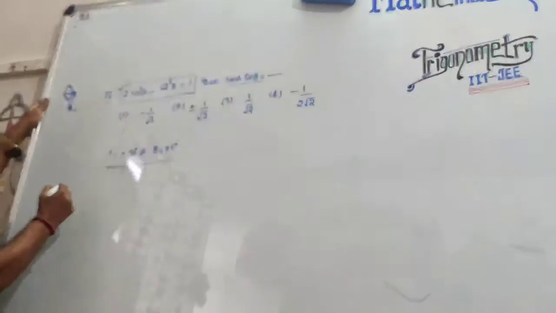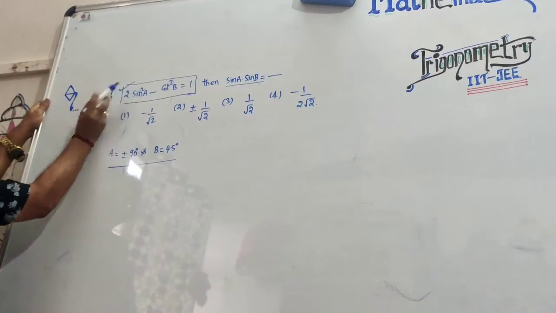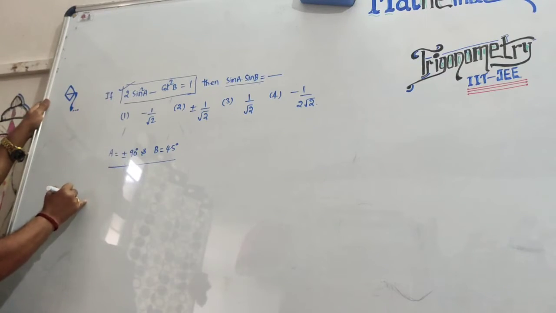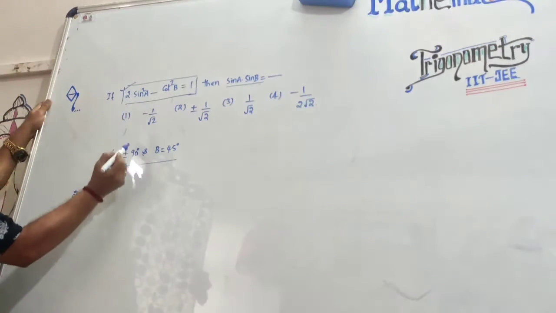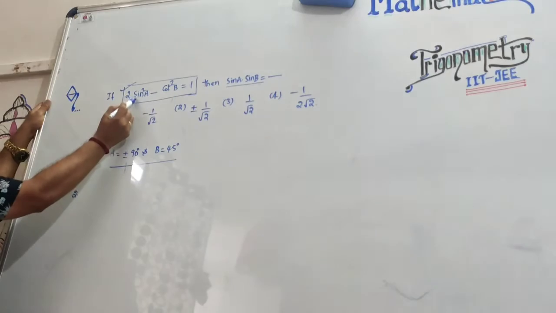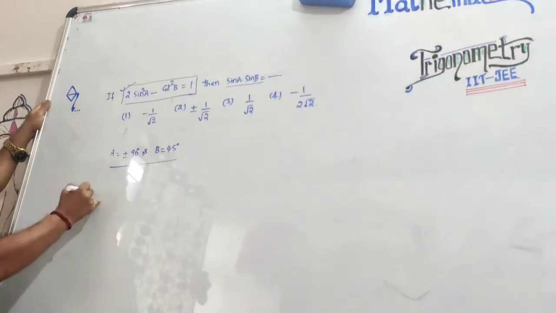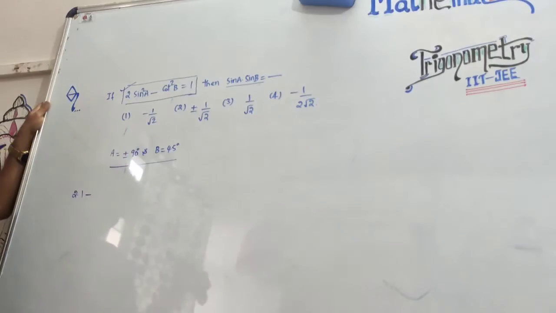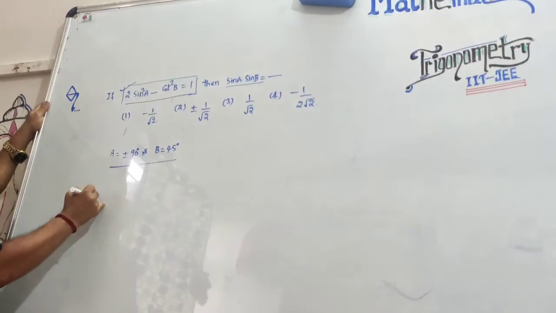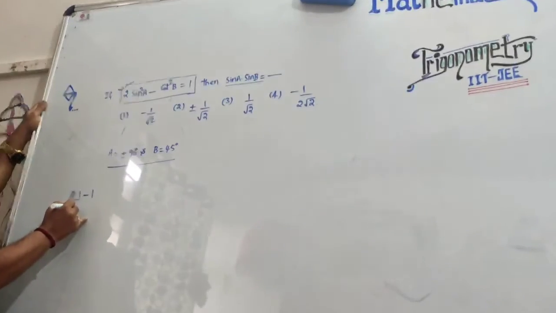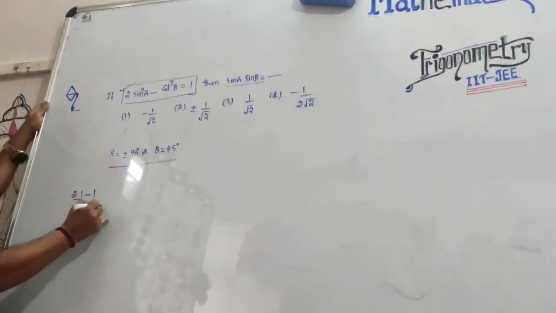Come on, verify. Square is there. 2 into sine 90, plus or minus 90 means plus or minus 1, whole square 1, minus cot 45 degrees 1, whole square 1. 2 into 1 is 2, minus 1, that is equal to 1.